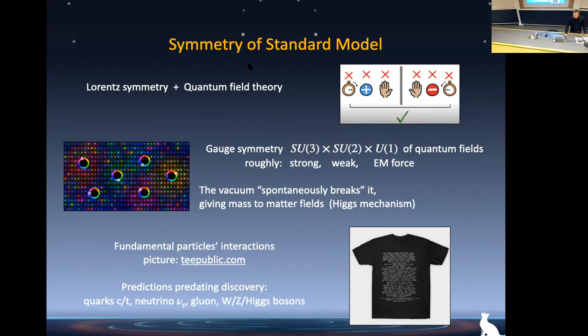This is a symmetry encoded, and I conclude with the standard model, included in the scientific paradigm that we think describes nature at the most fundamental level. Inside the standard model, we have encoded Lorentz symmetry, so special relativity, and the language of quantum field theory. These two imply that you should have CPT combined invariance.